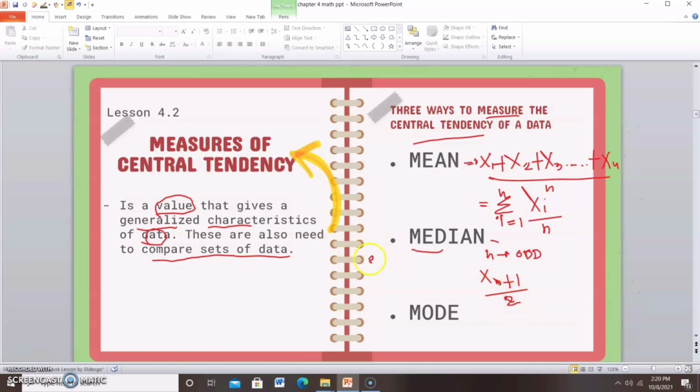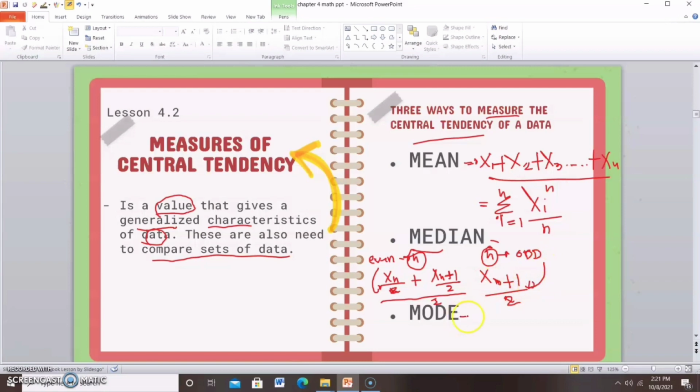But when n is an even number, the formula is x sub n over 2 plus x sub n plus 1 over 2, and divide it all by 2. So always remember: when n is an even number, use this formula, and when n is an odd number, use this formula.